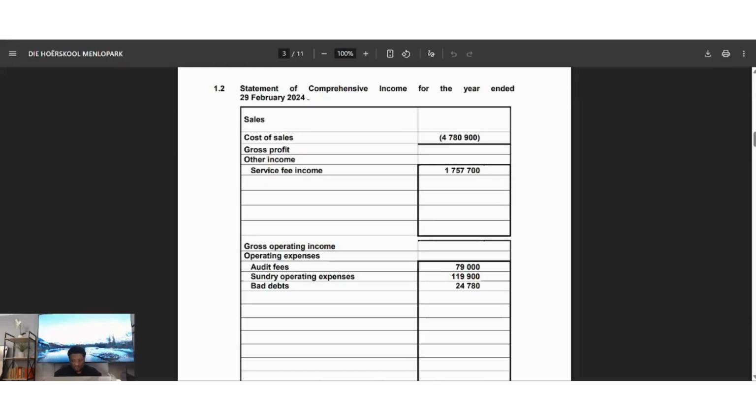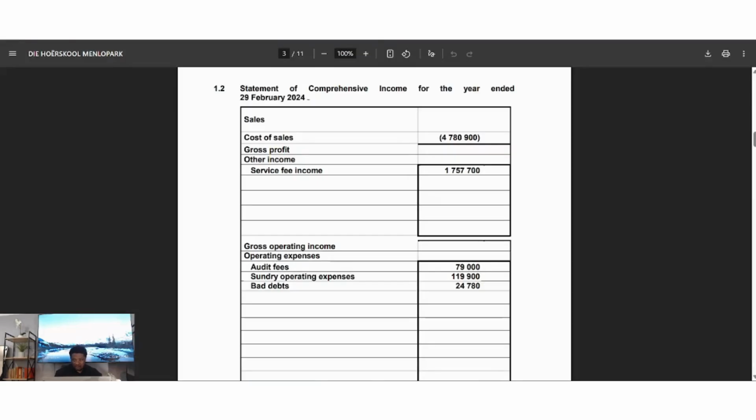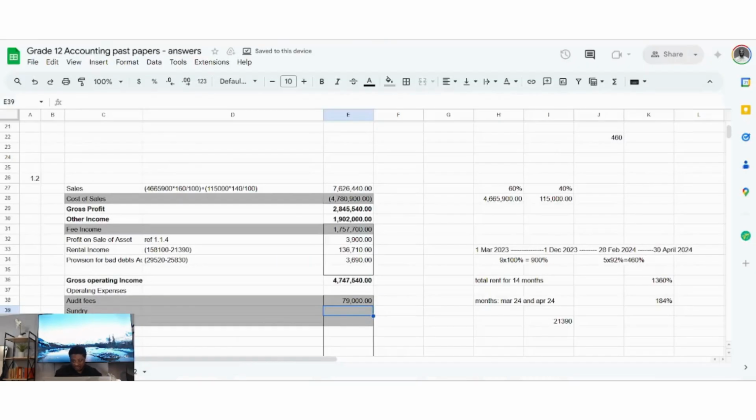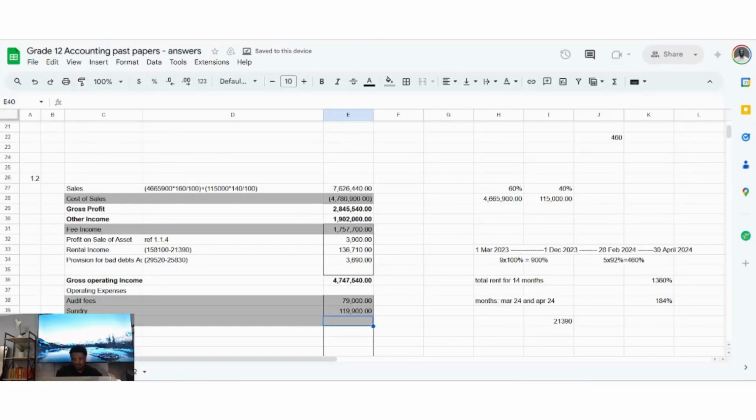So the amounts are 79,000, 119,900, and then lastly it's 24,780. All right. Happy with that. Now let's move on to the second part.